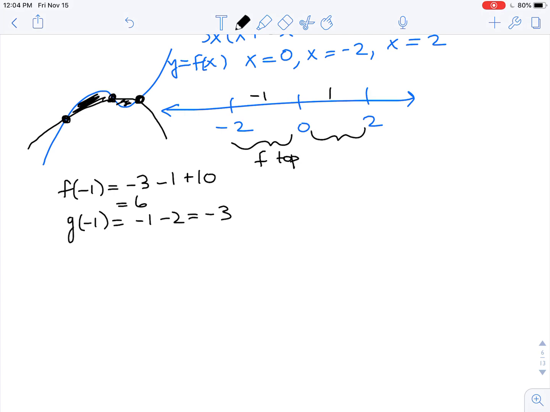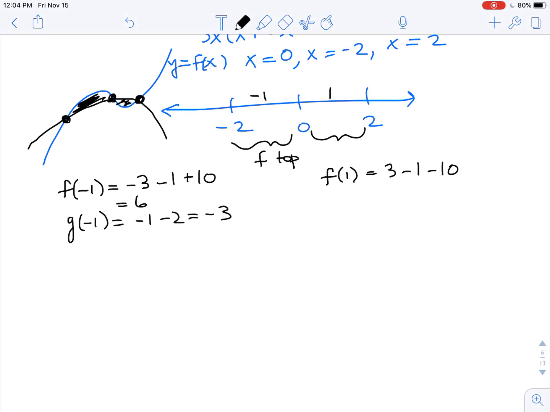And it's a good guess, but definitely not for sure, that maybe g is going to be on top on the other part. So let's go ahead and do f of 1. 3 minus 1 minus 10.